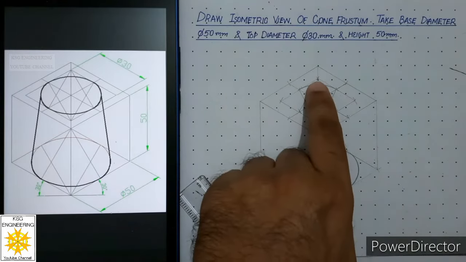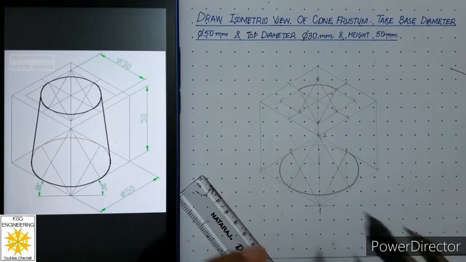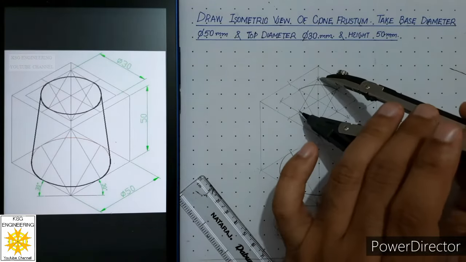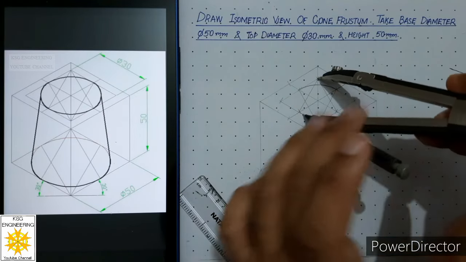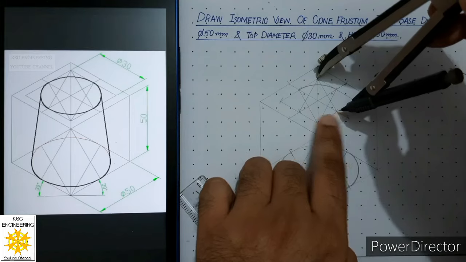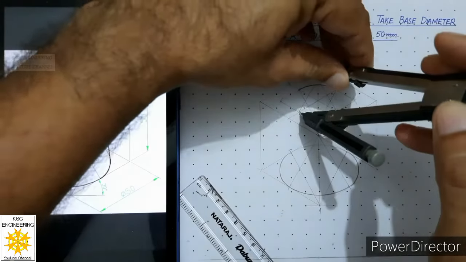Then we will put the compass at this corner, open it to this radius and draw an arc between these 2 points, and it will be thick.